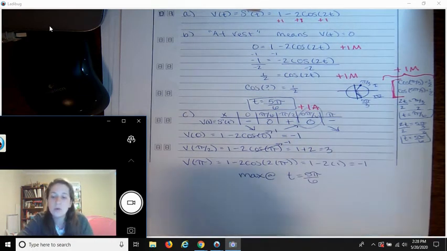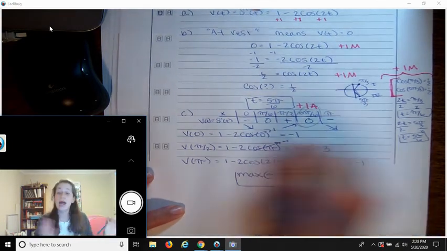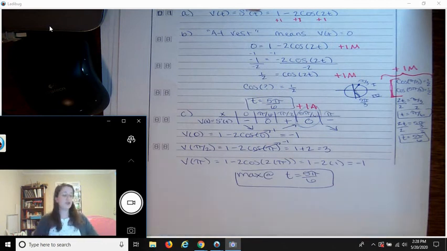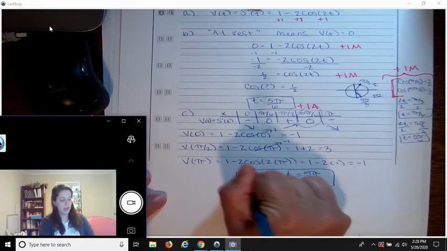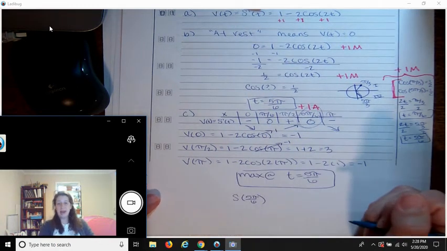And that answers: determine at which value of t the maximum displacement occurs. You don't have to find anything more than this. You could have found what the maximum position was by calculating s of 5 pi over 6, but you didn't have to do that.